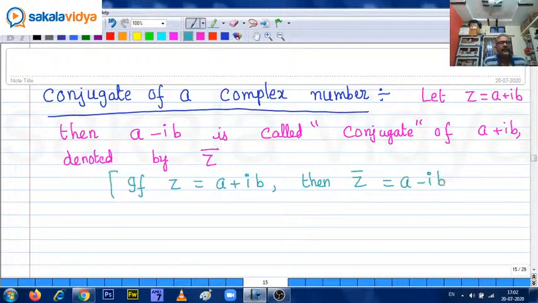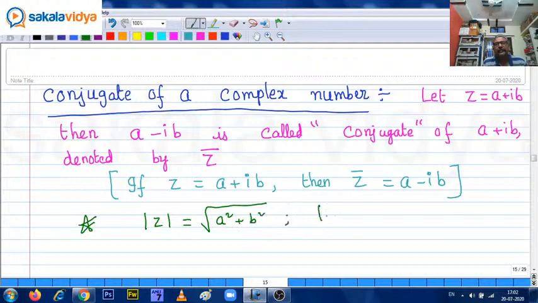Here one interesting fact. What is the interesting fact? Here mod z equal to root of a square plus b square. What is mod z bar? That is also root of a square plus minus b whole square. This is also root of a square plus b square.